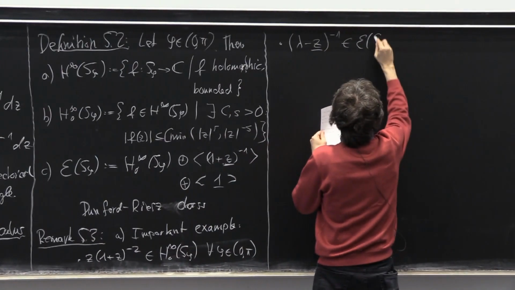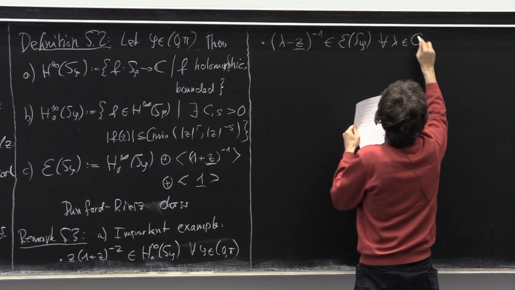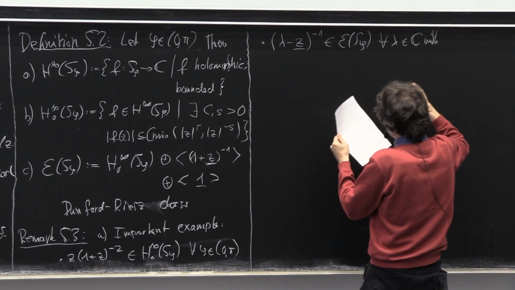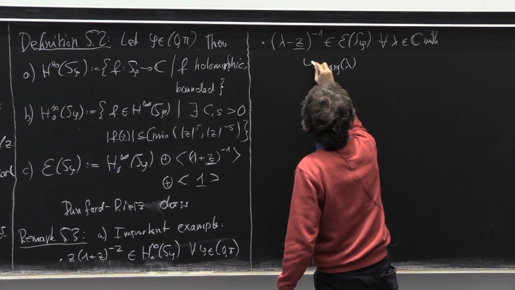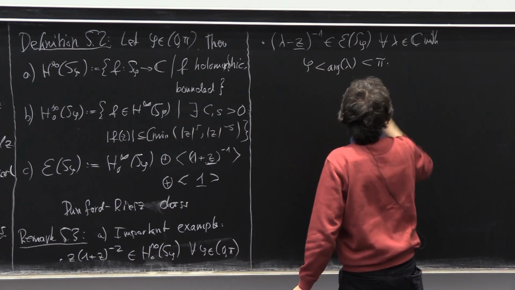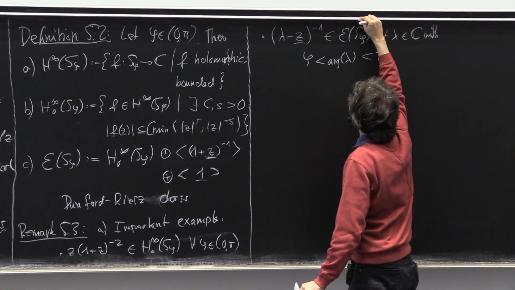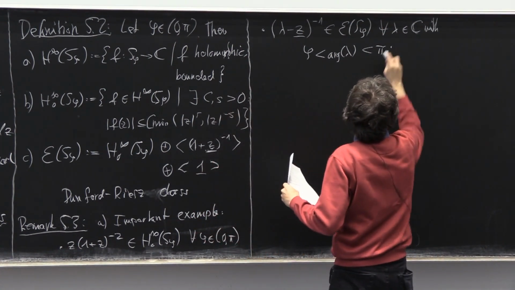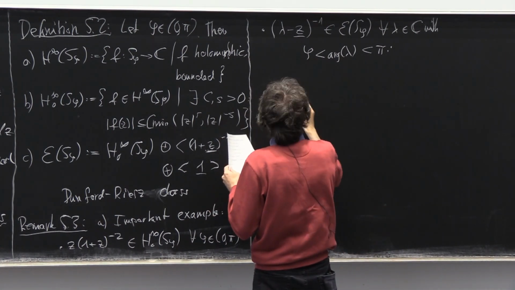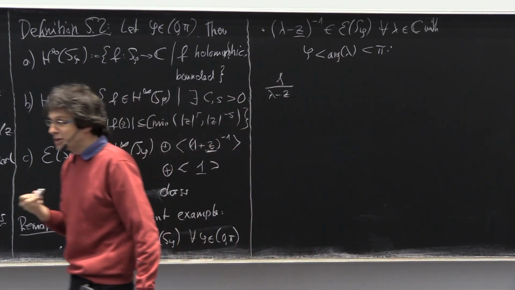This is in the Dunford-Rees class as long as everything is in the right sector. So the argument of lambda must be greater than phi. And why is that? Because you can do some clever rearrangement of things.